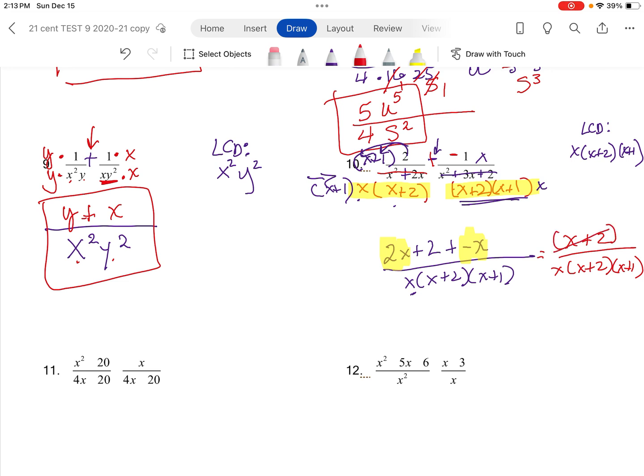There is an x plus 2 in the numerator and denominator, so those reduce. So I am left with 1 in the numerator and x times x plus 1 in the denominator. So when you add, you want to have an LCD as your denominator, rewrite every fraction with that denominator, add like terms, and then reduce.